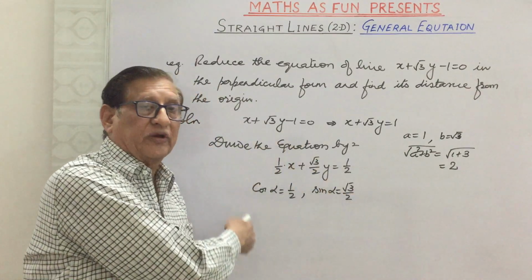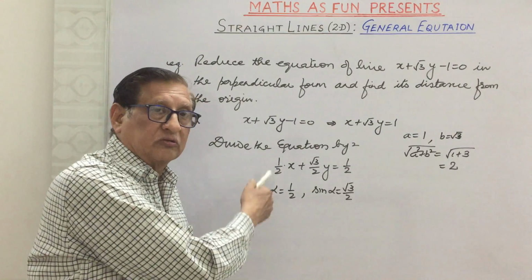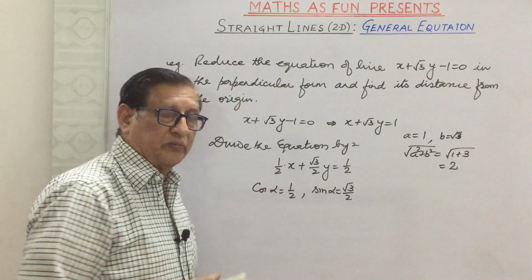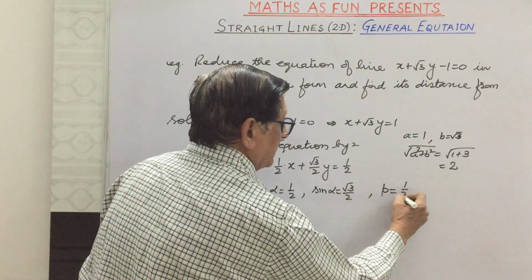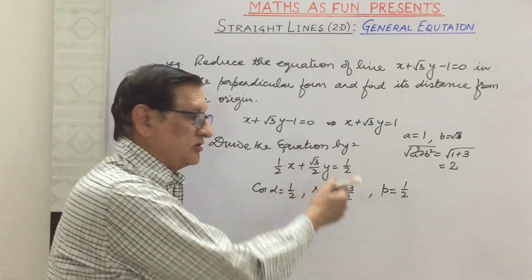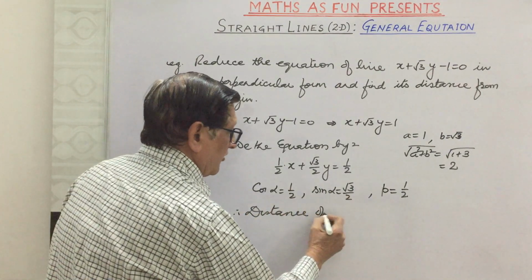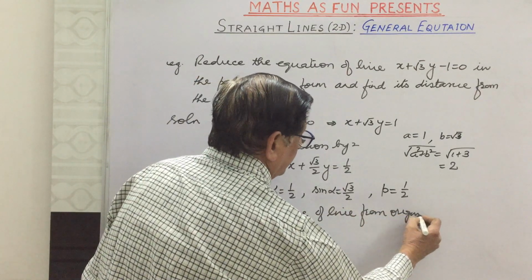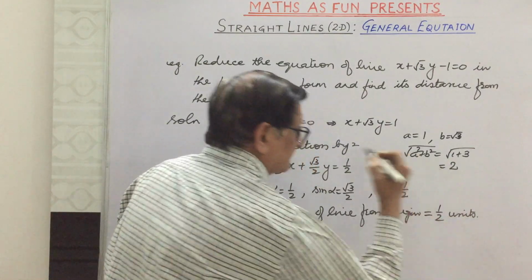So in case we want to find out the inclination of the perpendicular from the origin to the line, that also we can do by finding the value of alpha from here. And also we are getting p is 1 by 2, that is the perpendicular distance of the line from the origin. So we can say therefore distance of line from origin is equal to 1 by 2 units.